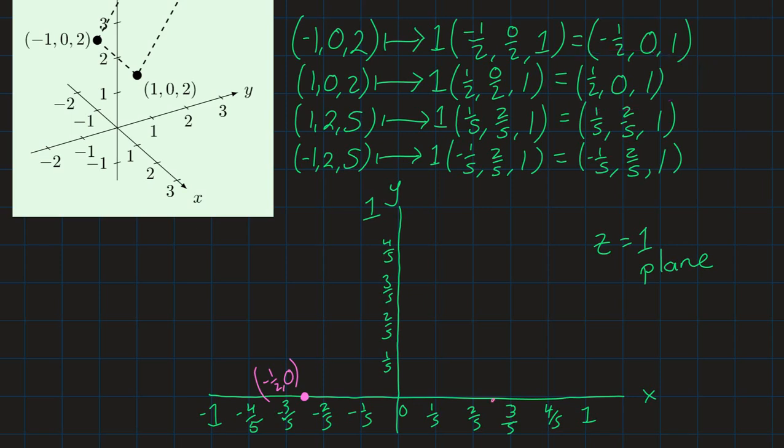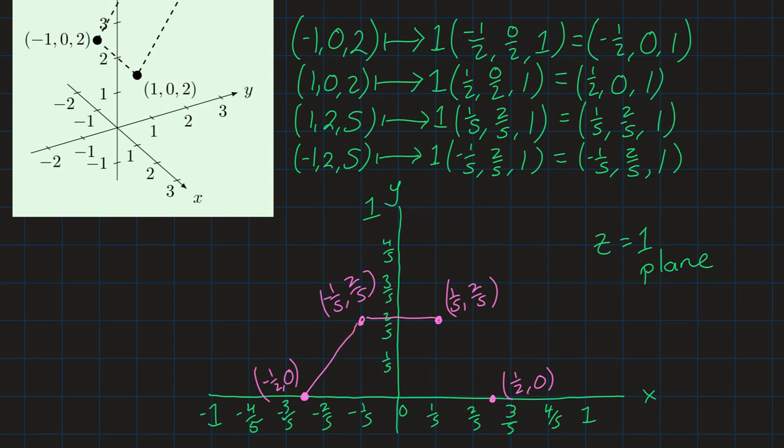So that's right here. The next one is 1/5, comma 2/5. And the final one is minus 1/5, comma 2/5. Like that. And then I join up these points.